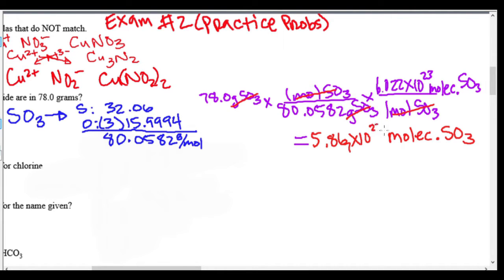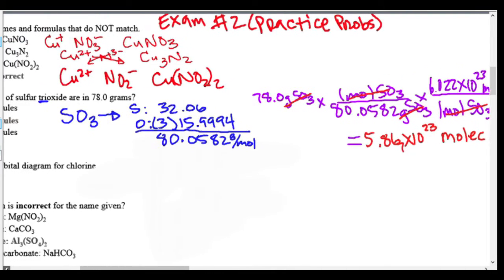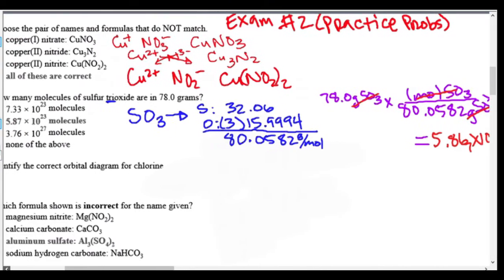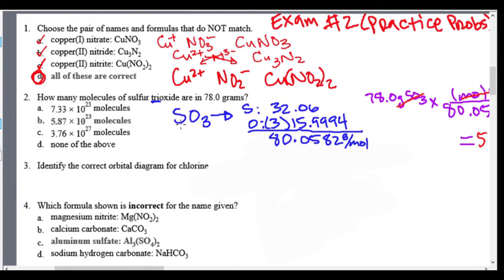When you round that number, the 5.867 rounds to this number right here. Let's say you happen to get something like 5.85 times 10 to the 23. You're not going to choose none of the above. You're close enough to this one to choose that one. So that makes all of these other ones incorrect.